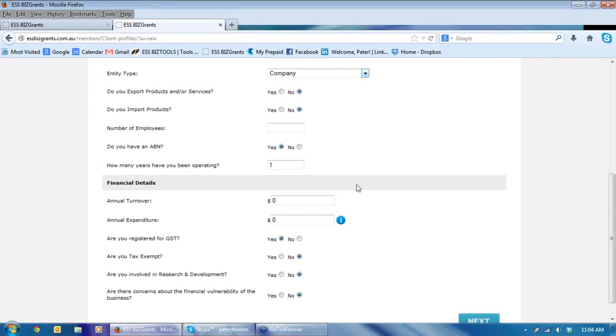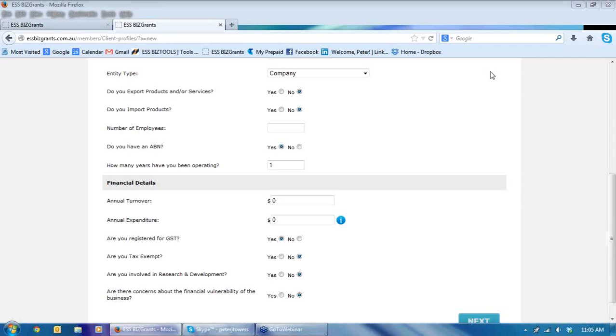So if you have a client who does not have an ABN, then you will not be shown any particular grants for that client, because the assumption is that every business trying to access these grants is an entity which would have an ABN, because to get grants for small businesses you need to have an ABN.